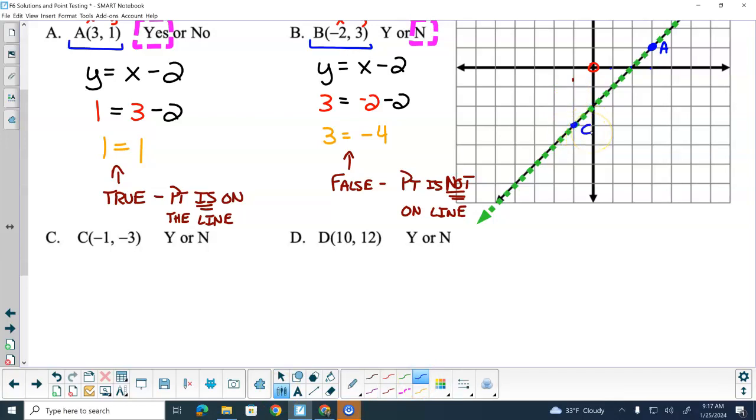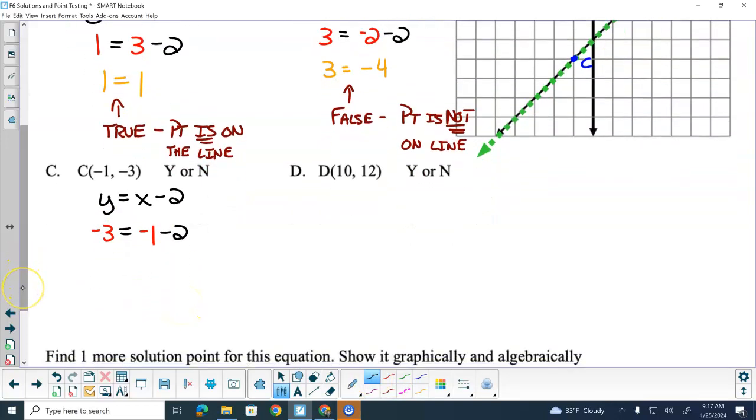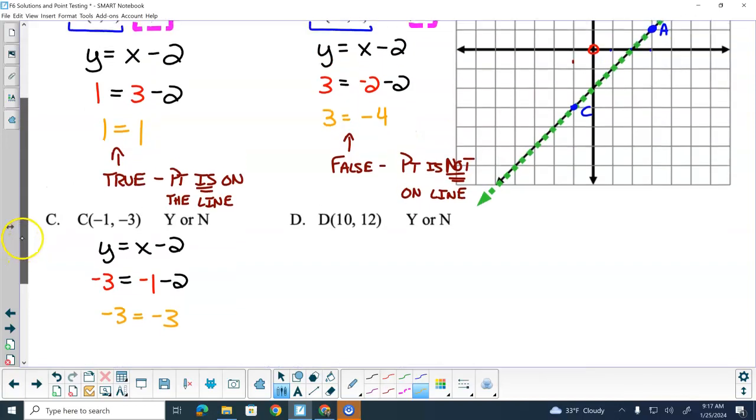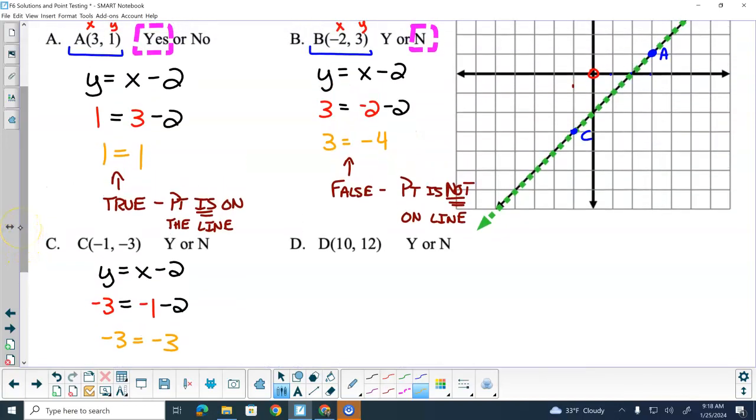Point C right there is on the line. So if we put it into our equation, y equals x minus 2, then we would have negative 3 equals negative 1 minus 2, negative 3 equals negative 3. That one is.